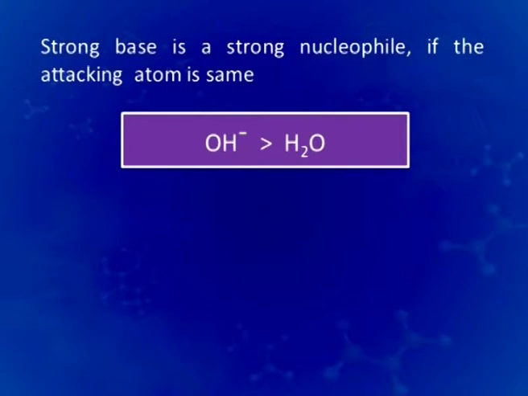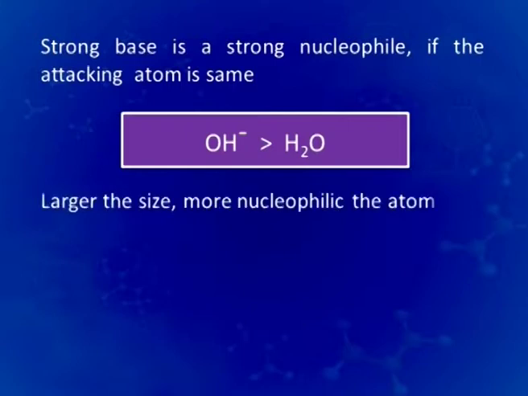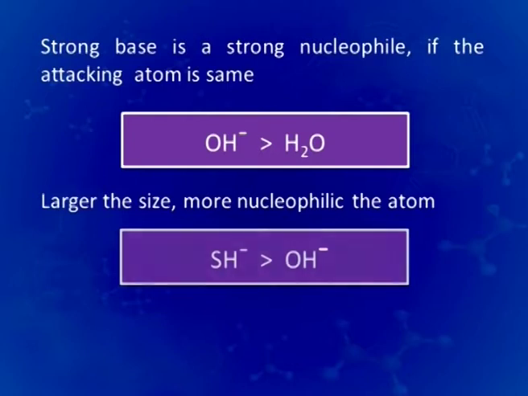When we consider the size of the atom, we see that the larger the size, the more nucleophilic the atom is. For example, in the first case, we have SH minus and OH minus. We have the attacking species sulfur and oxygen.